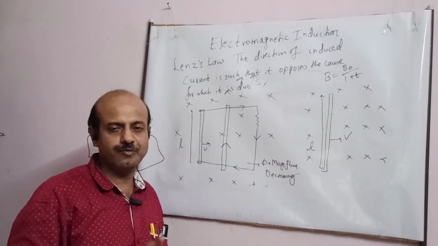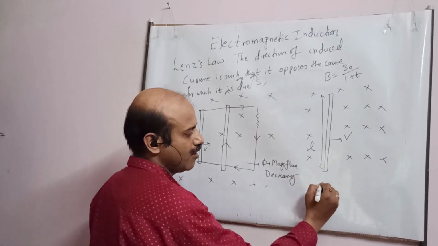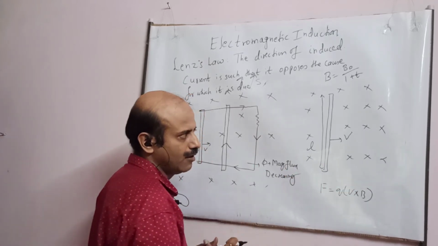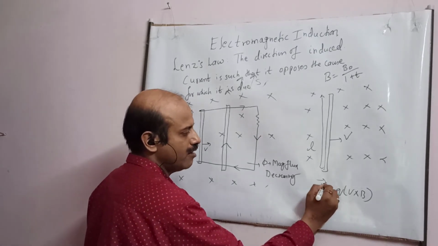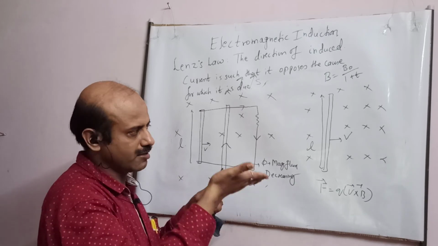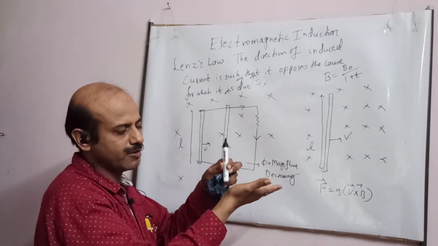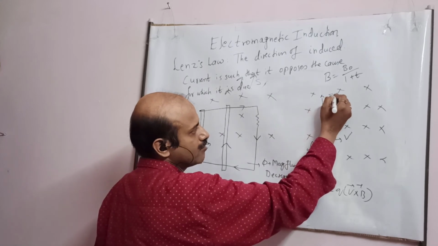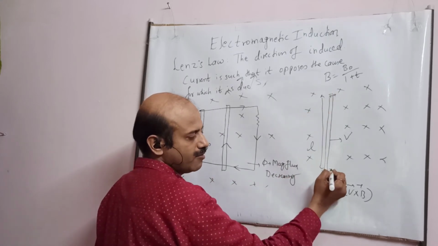So charge is moving, force will act on the conductor according to this formula. See the vector product, student. First vector velocity v, second vector magnetic field inside. The force on the positive charge is upward. So this is the positive charge collection. Here negative charge will collect.